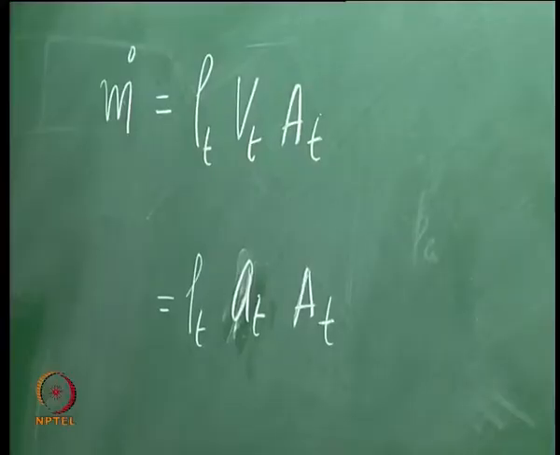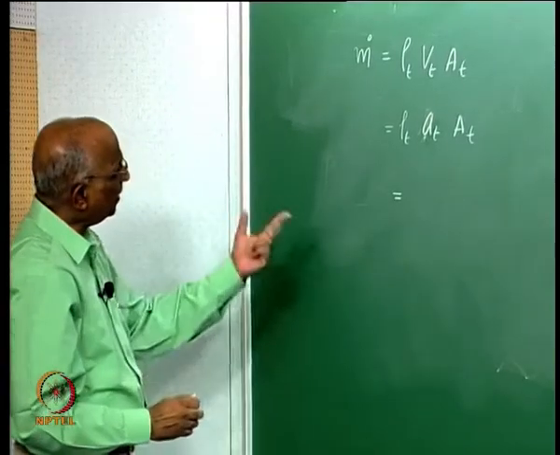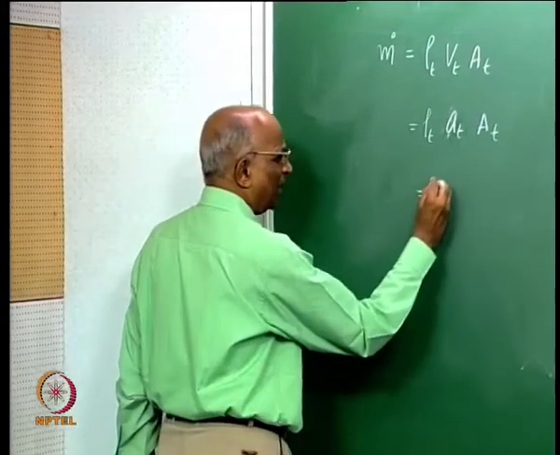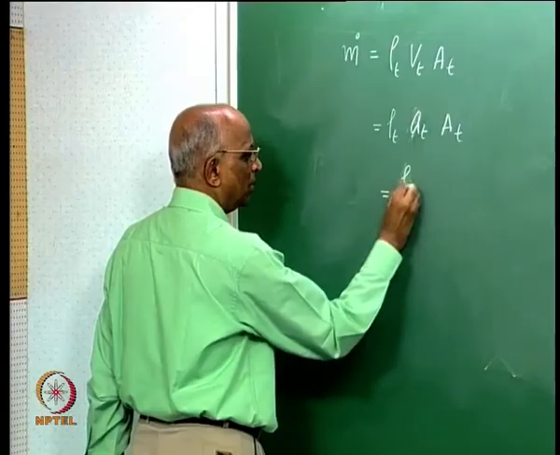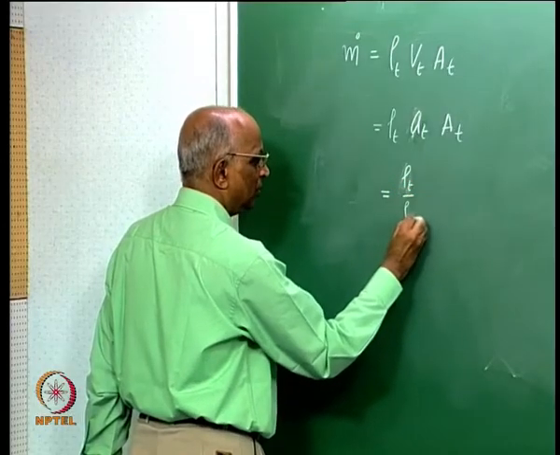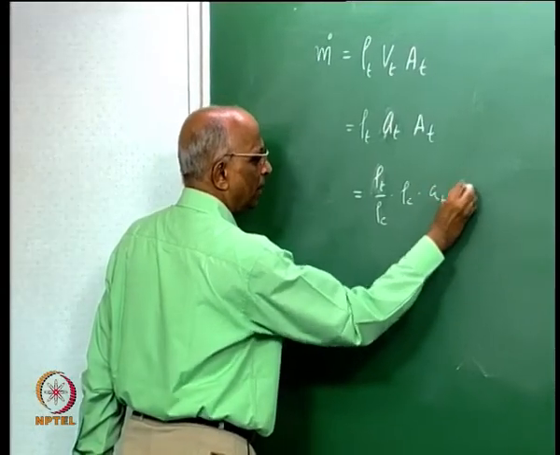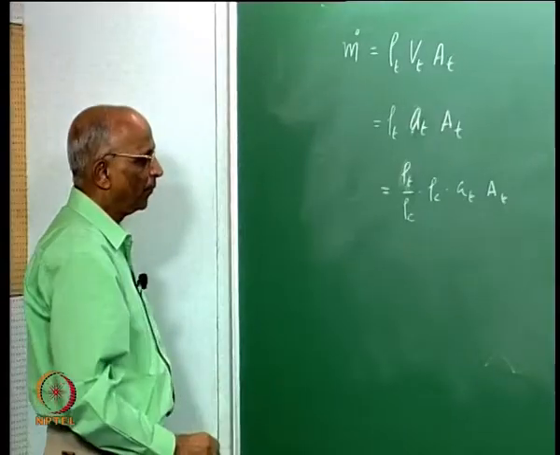Now, can I simplify it, and write it in a form which is easy to do? I have rho t by rho c into rho c into At, the throat area, and the sound speed.